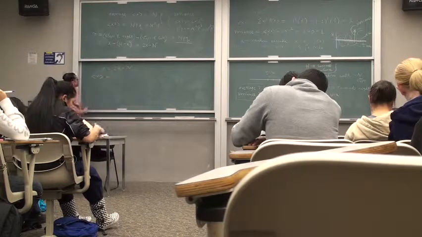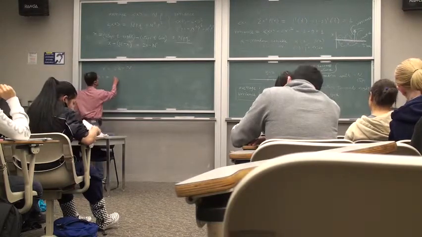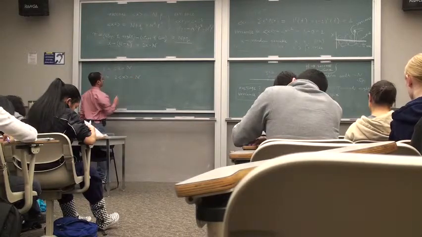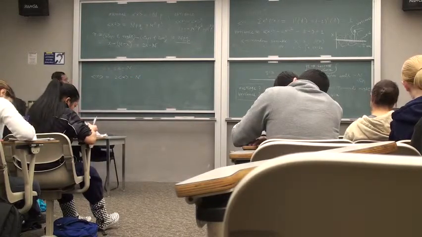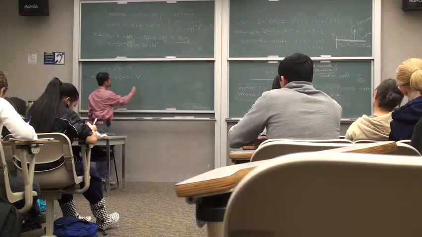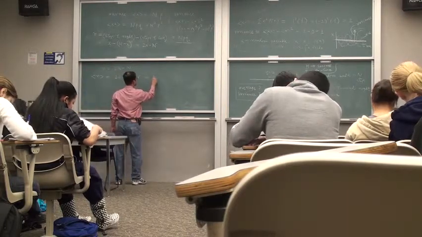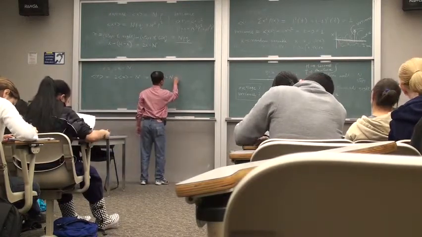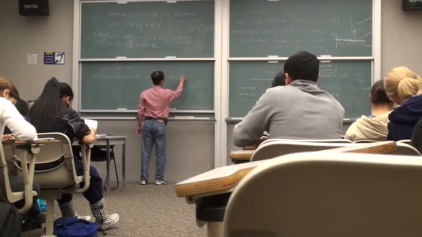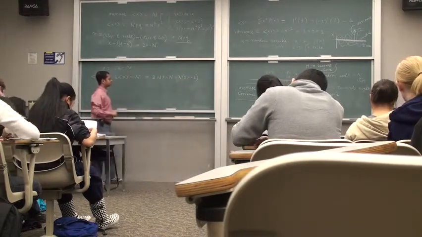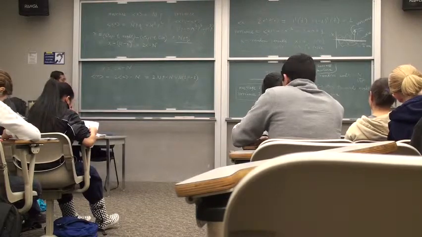Let's first calculate the average of R. It's 2 X average minus N. And what is X average? That's NP from the top board. So it's 2NP minus N. Okay.